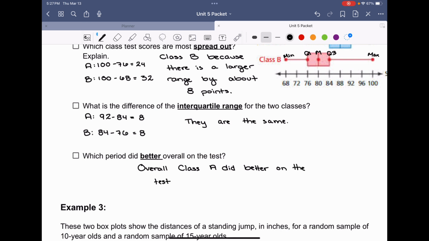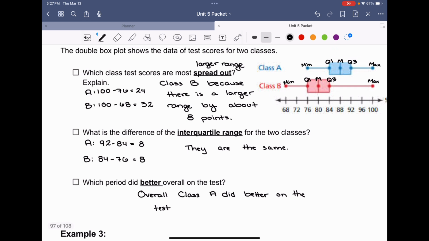And using our knowledge of quartiles, we could actually say that over 75% of them scored above an 84.